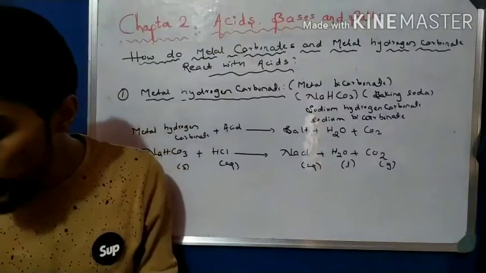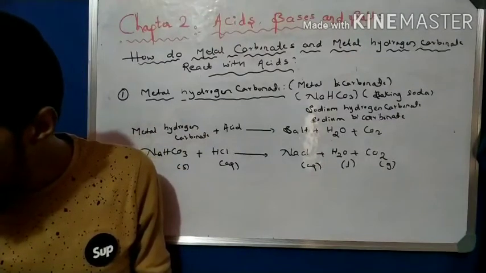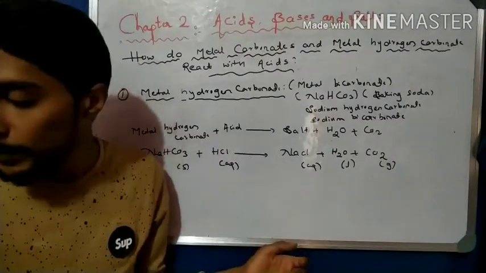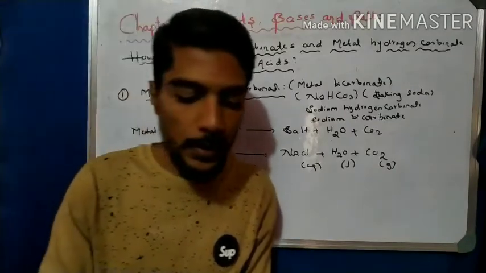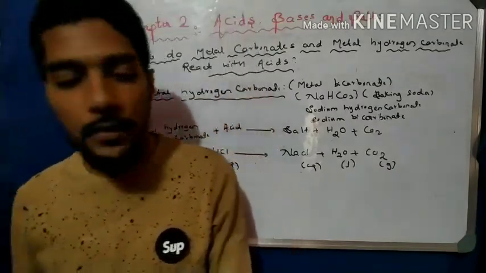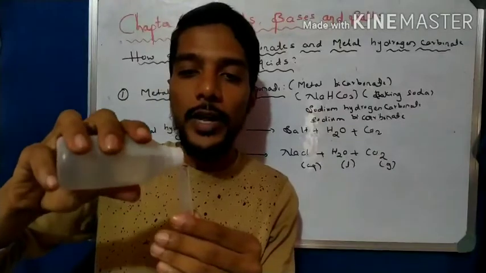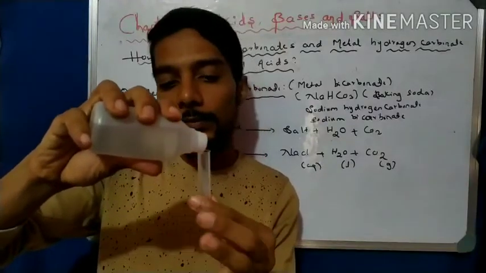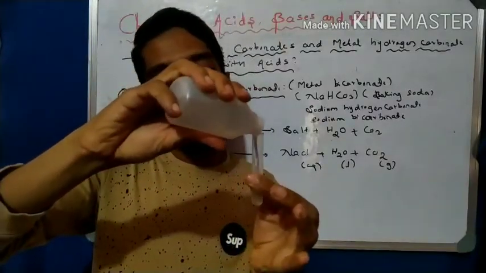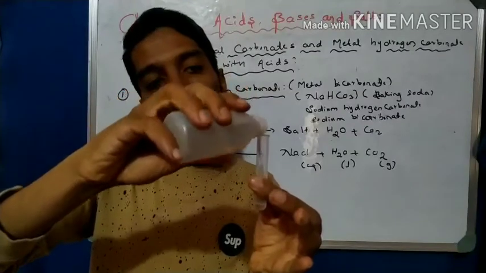Now let us also do the experiment. I take another test tube. Again, same and simple: take a test tube and add a few drops of hydrochloric acid. That is enough.